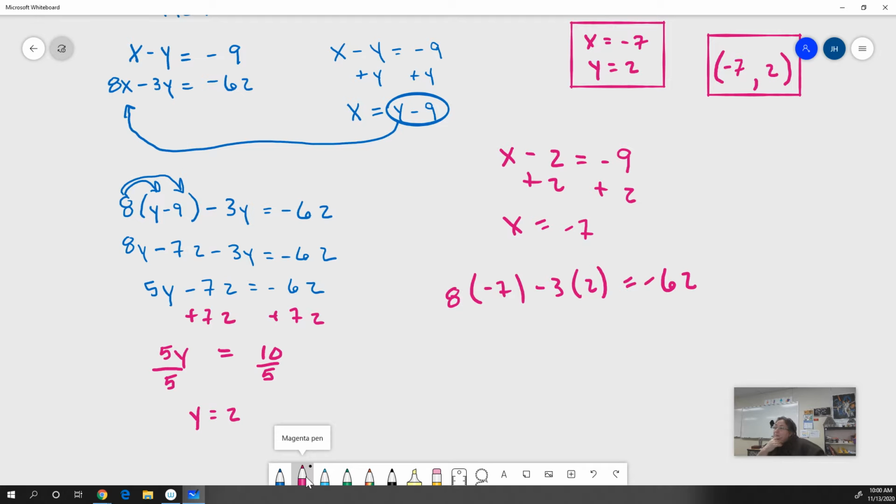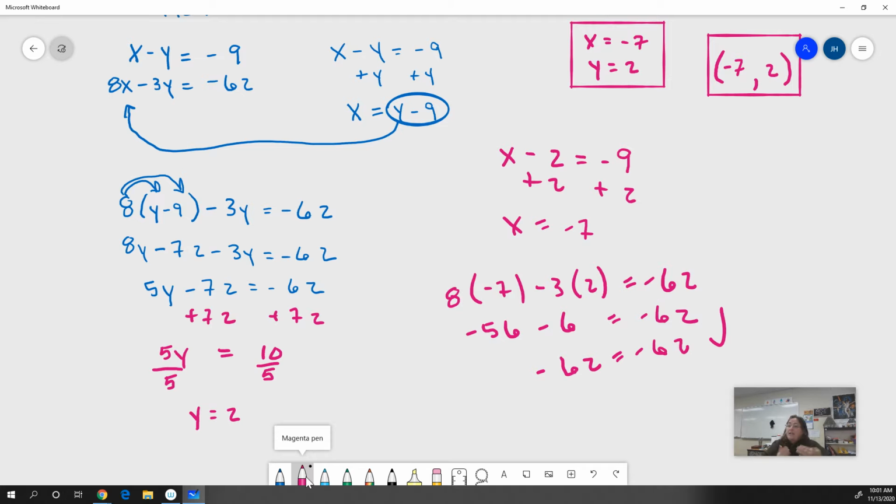So if I do all the math on this and it equals negative 62, we know we're right. Both equations should be true. 8 times negative 7, I believe, is negative 56. Minus 6 equals negative 62. And that is true. Negative 62 does equal negative 62.